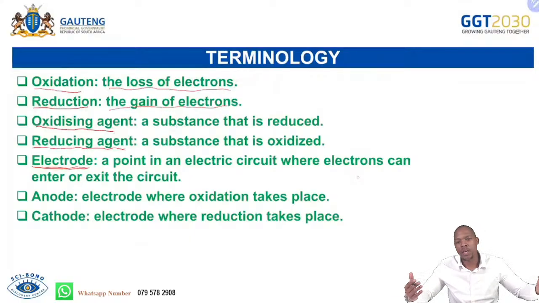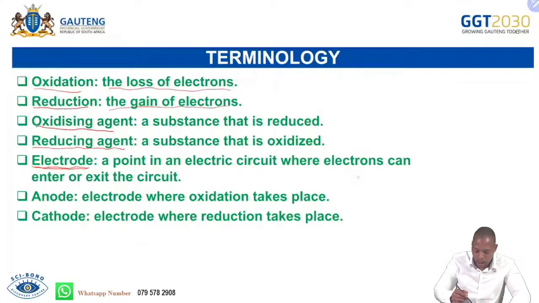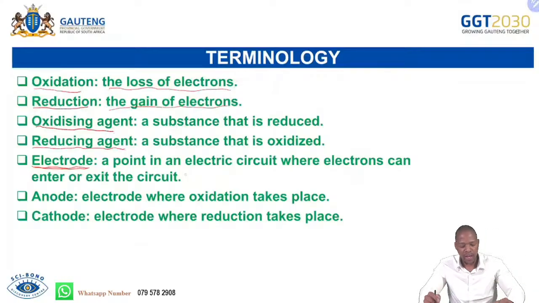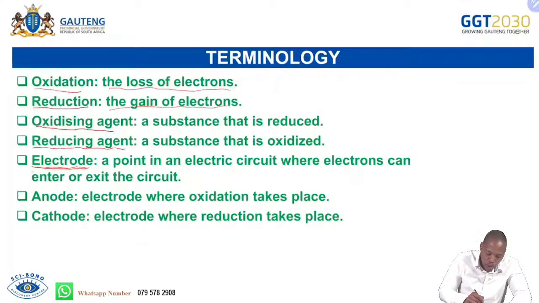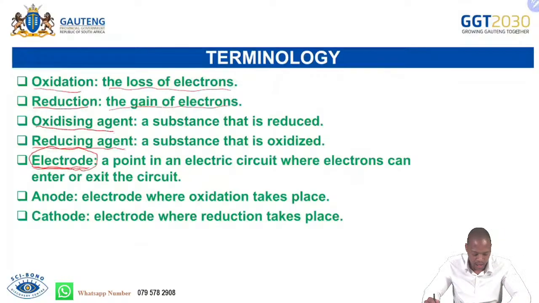You remember there were electrons entering a diode with the creation of that depletion region. You remember all of those things, I'm sure, grade 12. So an electrode is just a point in an electric circuit where electrons can enter or exit the circuit. The most important thing is knowing electrodes and identifying them in this case.